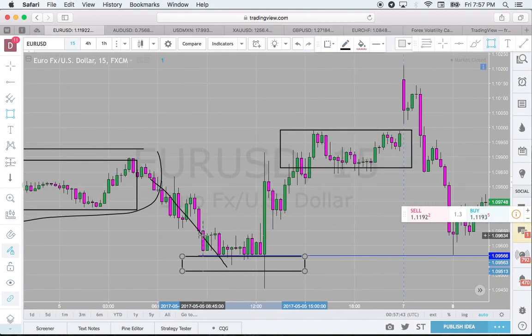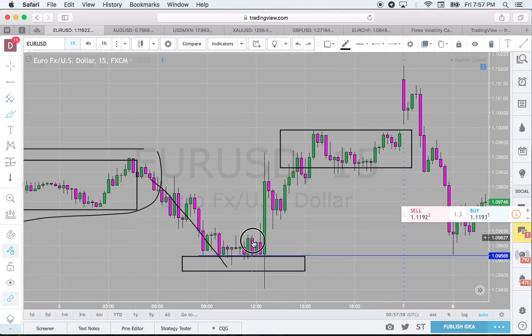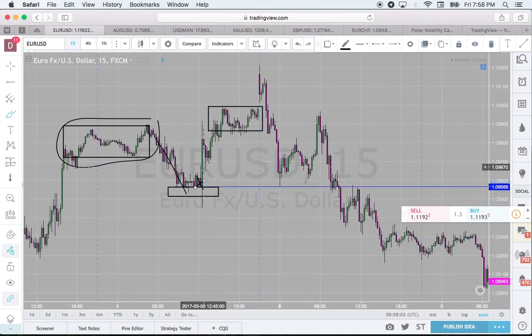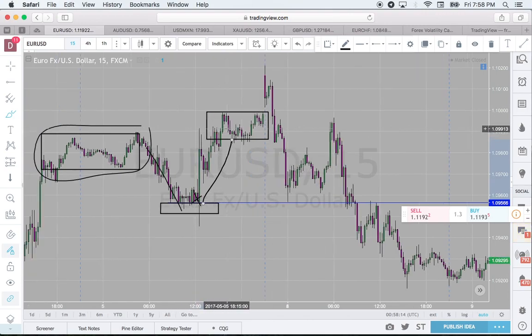Upon seeing all this trapping going on, all this trap movement going on, this structure right here, you could take this long. Because you could reckon that that is the low of the day and take it up to the next zone, to the high of the day.